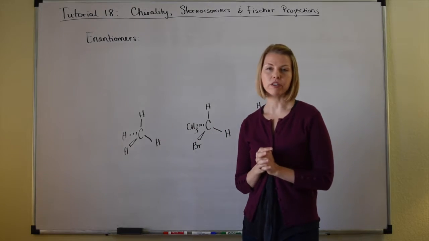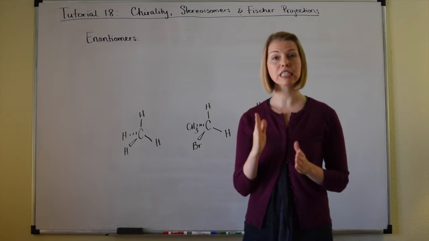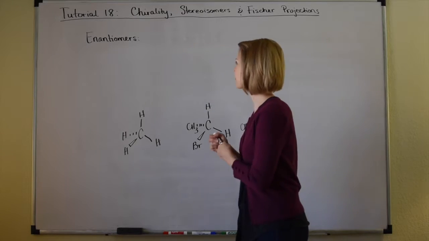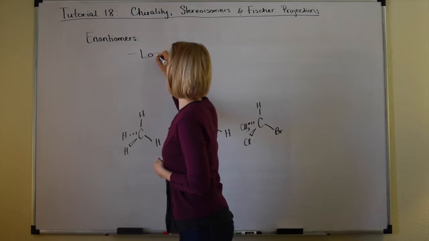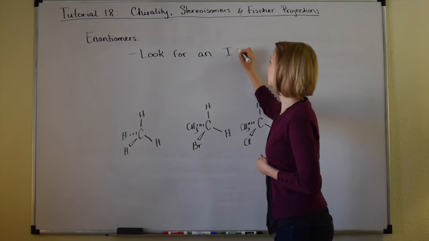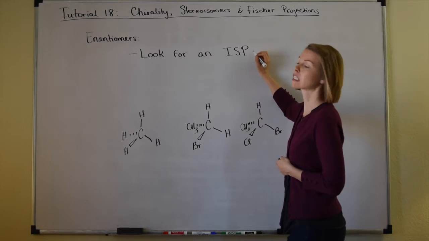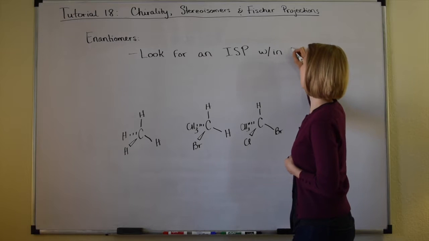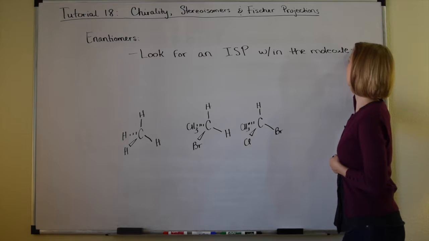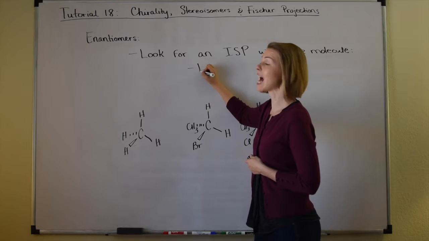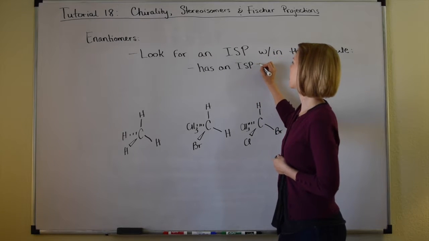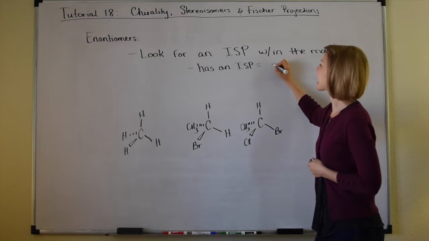The simplest way that I know of to do this is to look for an internal symmetry plane within the molecule. I'm just going to write ISP. If the molecule has an ISP, an internal symmetry plane, then that molecule is achiral.